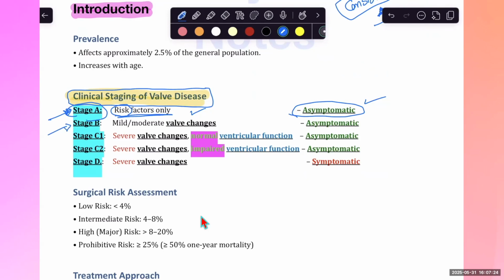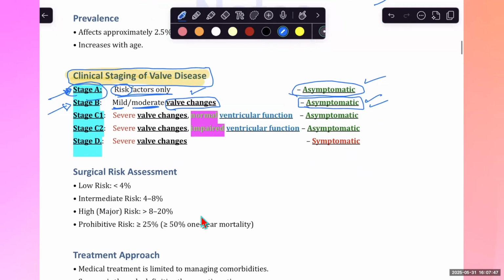Stage B, this patient already has valve changes, but it's just mild or moderate, and it does not have any appearance of symptoms.